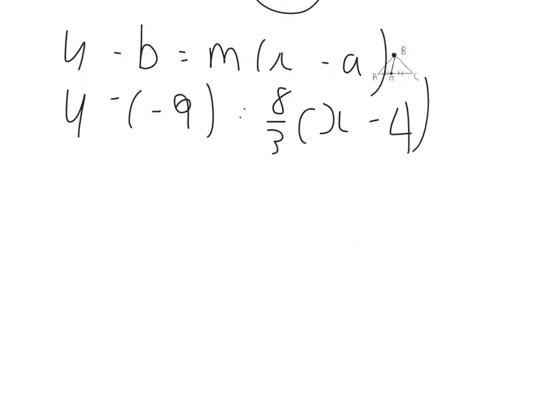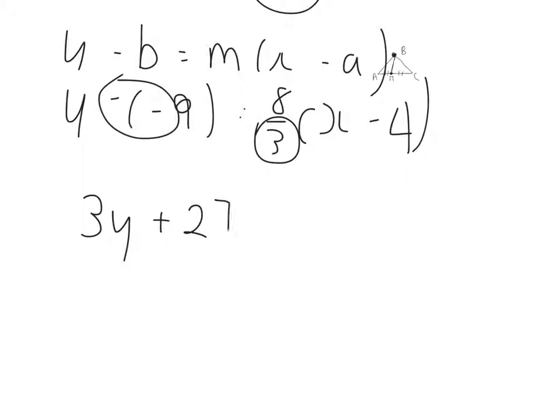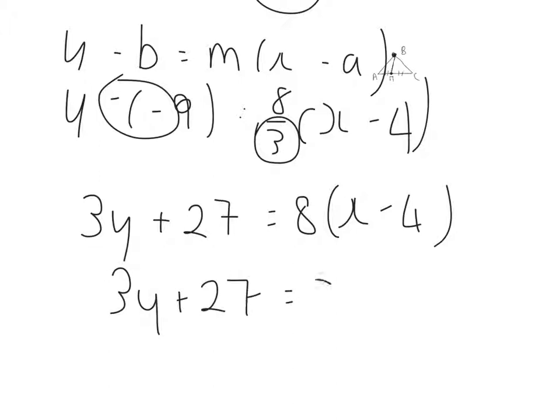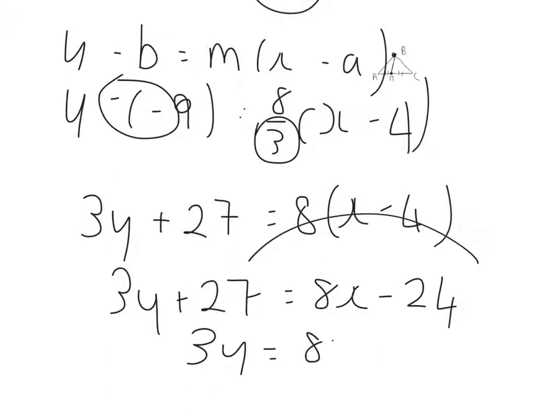I'm going to multiply through by 3 to get rid of the 3 there, so that will be 3y plus, well, the minus minus will make a plus 9, but times that by 3 and that will be 27, is equal to 8 bracket x minus 4. 3y plus 27 is equal to 8x minus 24. I'm going to bring the 27 over, change its sign, and that will be 3y is equal to 8x minus 51, and that's the final answer.